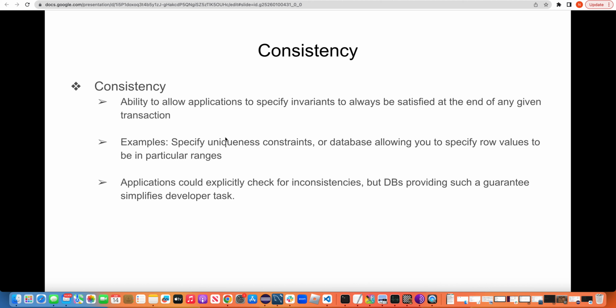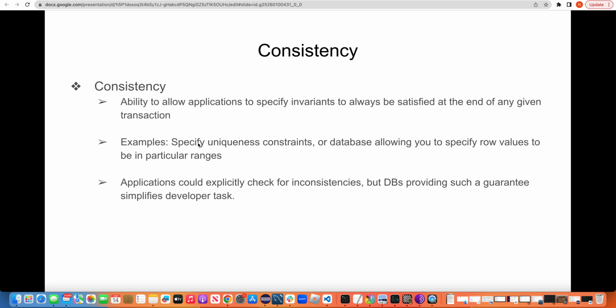What is consistency? It's the ability to allow applications to specify invariants to always be satisfied at the end of any given transaction. Databases provide consistency in different ways, like allowing applications to specify uniqueness constraints or allowing them to specify various ranges of values. If any particular update to the database doesn't meet those constraints, those updates fail.